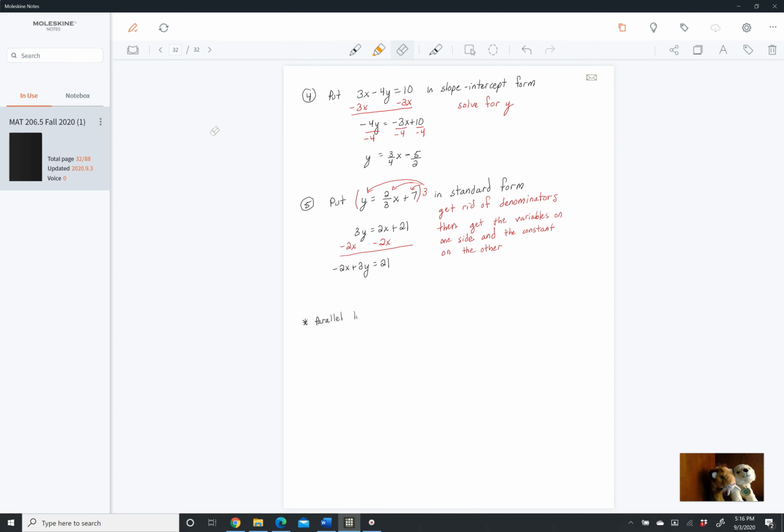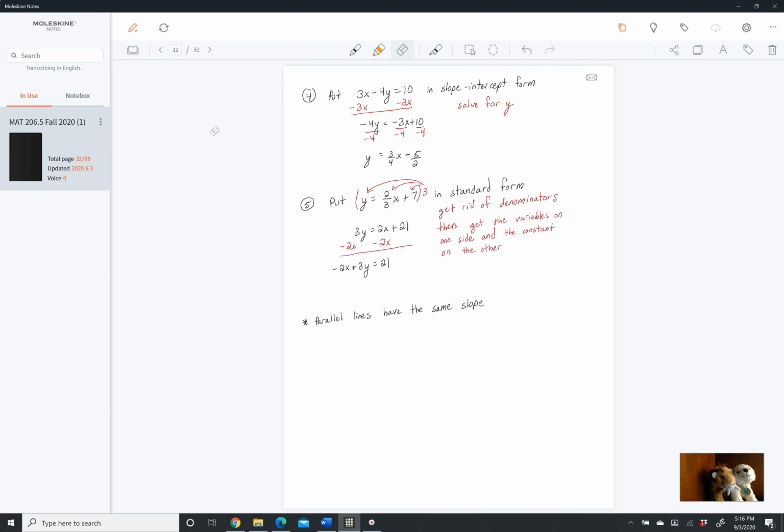Parallel lines have the same slope. Okay, that's because they can never intersect, so they have to go up at the same rate. If they don't go up at the same rate and one is going up faster than the other, then it kind of makes sense that they're going to intersect at some point or another.